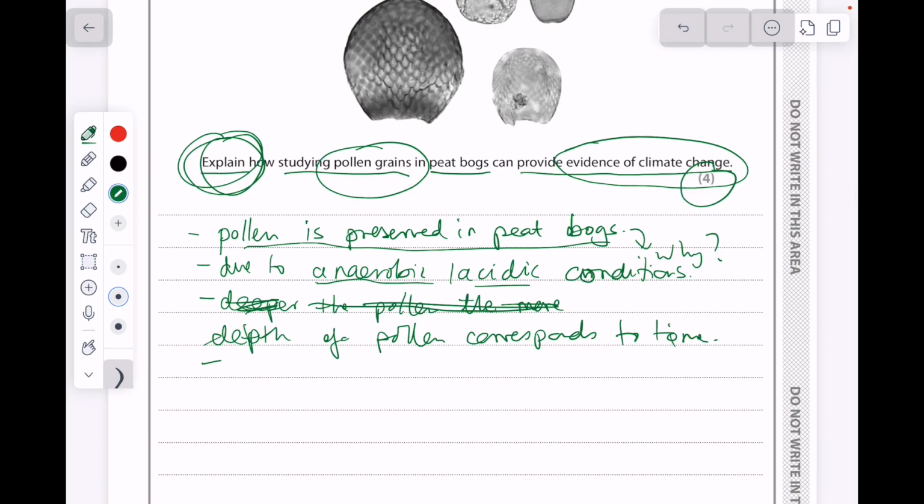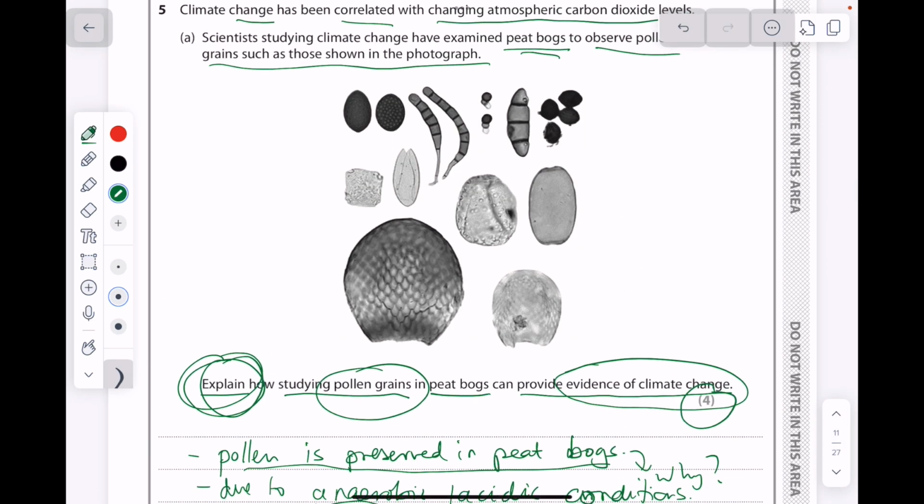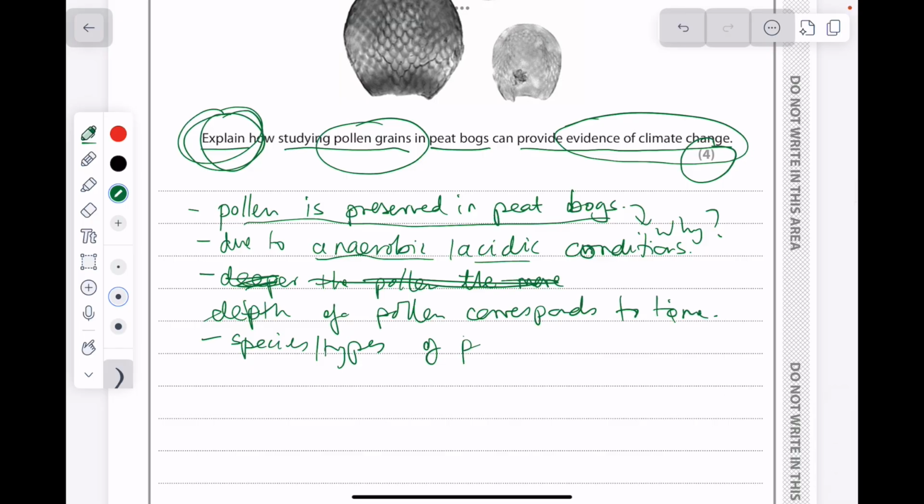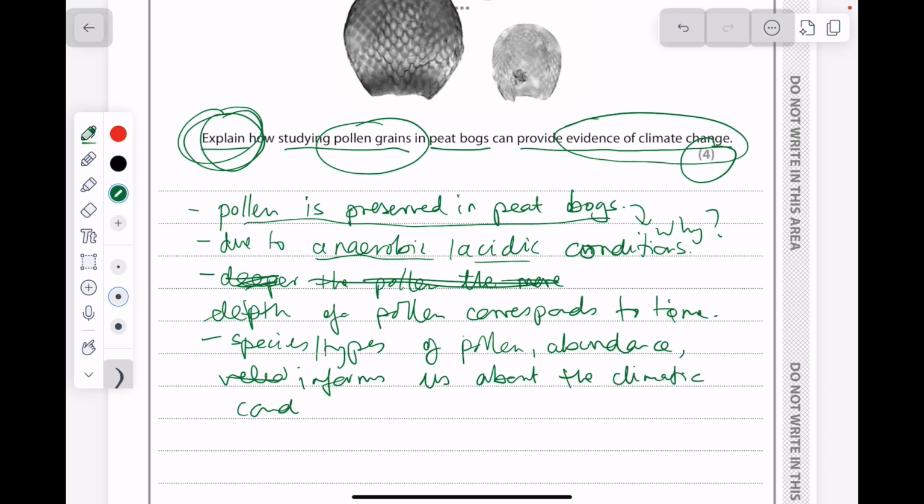And the species or types of pollen, as shown in the diagram, we've got lots of different types of pollen. So the species and types of pollen, and its abundance, informs us about the climatic conditions.